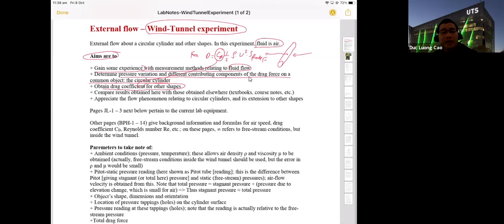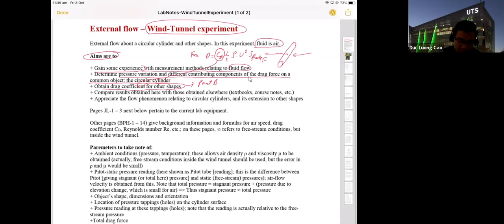And for the other shapes, this one is for part B. In part B, we have 5 shapes: a circle, a square, a diamond, and a radar facing forward and facing upward.